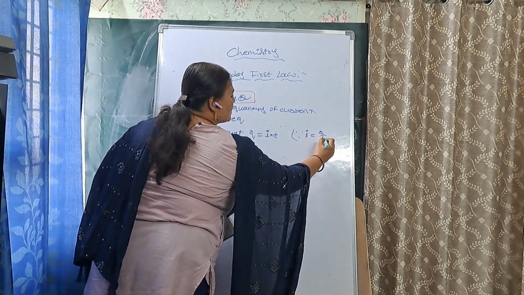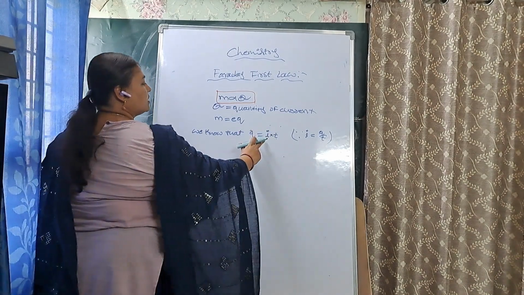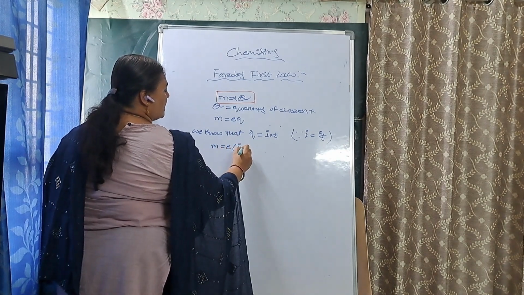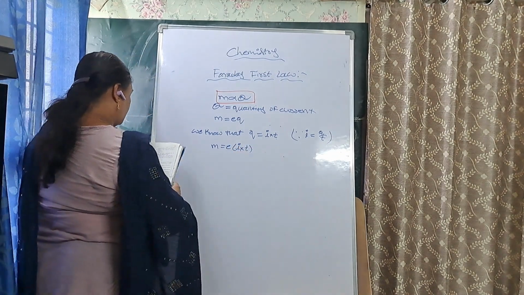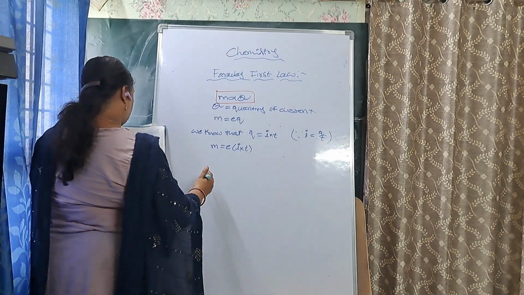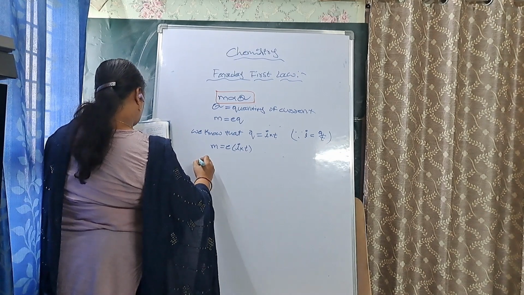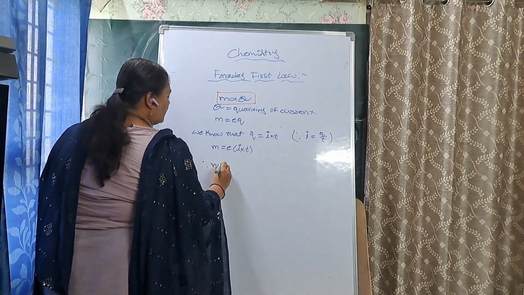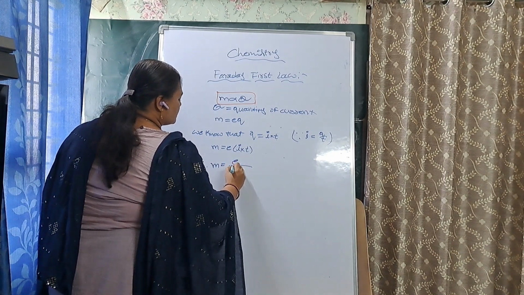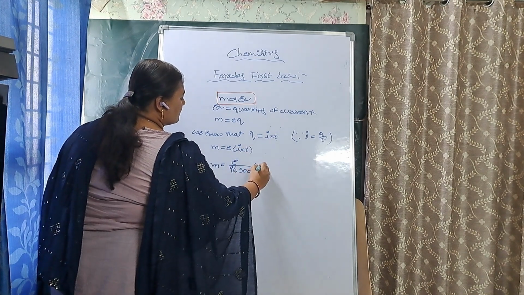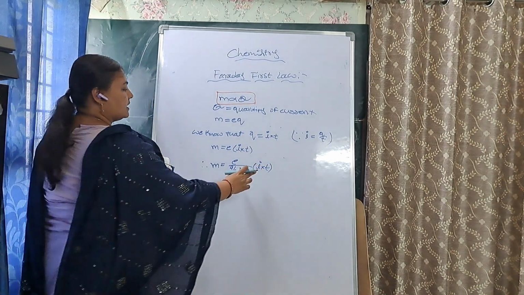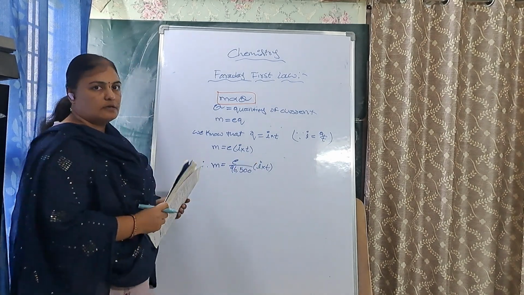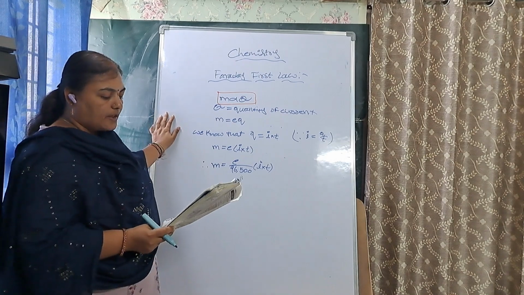So Q equals I into T. Substituting here, M equals E into I into T. Therefore M equals E by 96,500 into I into T. We take time in seconds, and I means current in amperes. This is Faraday's first law of electrolysis.